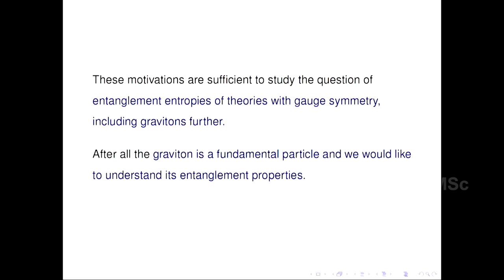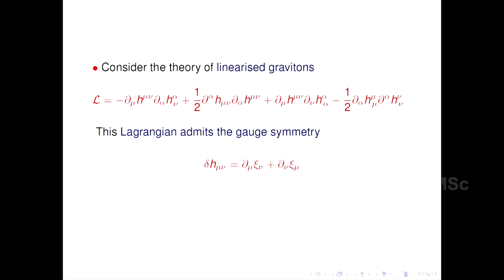So these are sufficient motivations to study entanglement properties of the gravitons. And in fact, the graviton is a fundamental particle in nature, and it is natural to understand what its entanglement properties are.